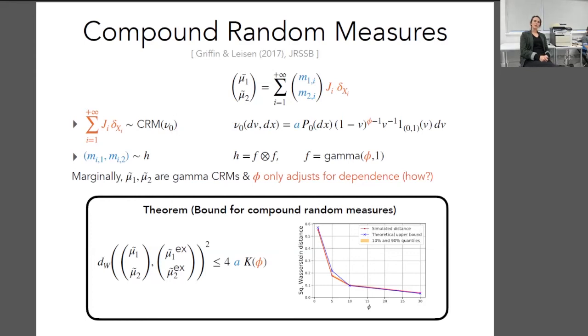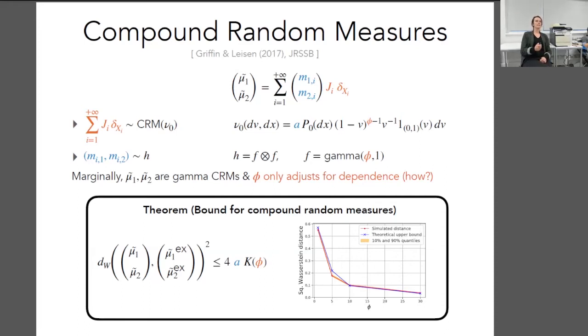The very nice fact about this specification is that you have a hyperparameter phi that only influences the dependence structure between the random measures without actually impacting their marginal distribution. So you can see phi as a hyperparameter only adjusting for dependence.